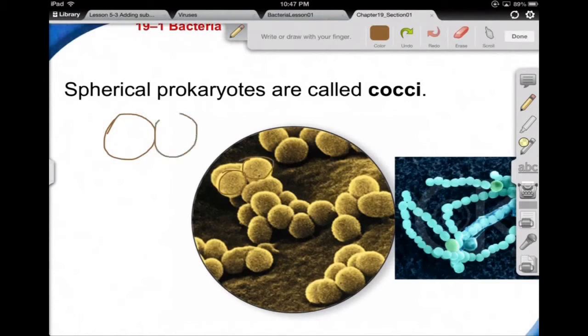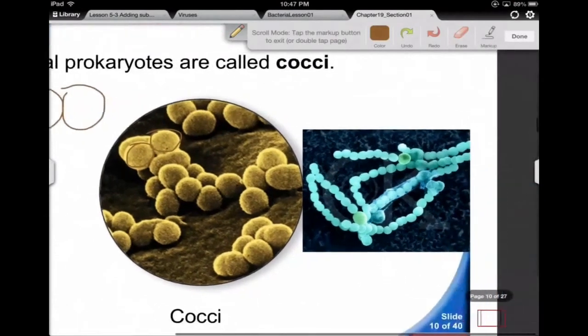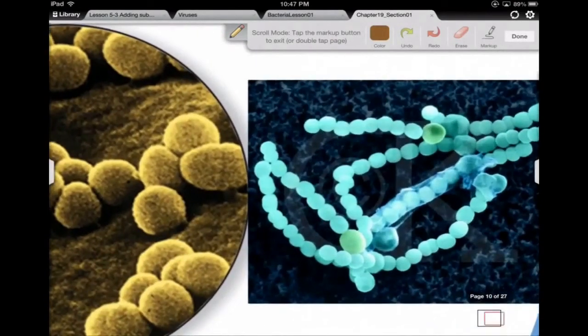This, just so you know, would be a diplococci, them hanging out, sort of together as best friends. And if we look below here, we can see them forming these sort of long chains, sort of like a necklace. And we'll get into it more, but this is referred to as a streptococcal association. Sure, they're all cocci, but strepto means that they're forming chains.